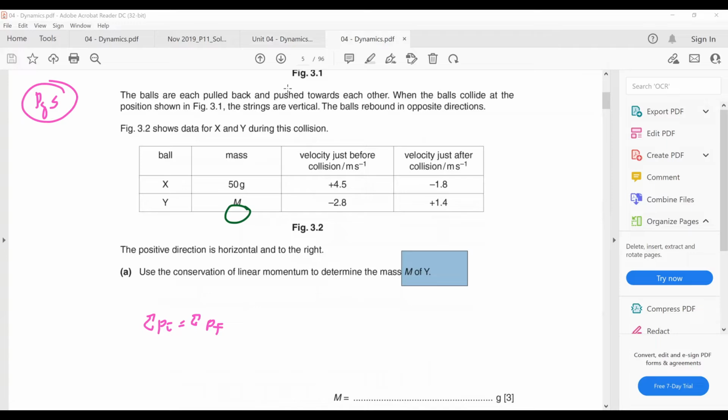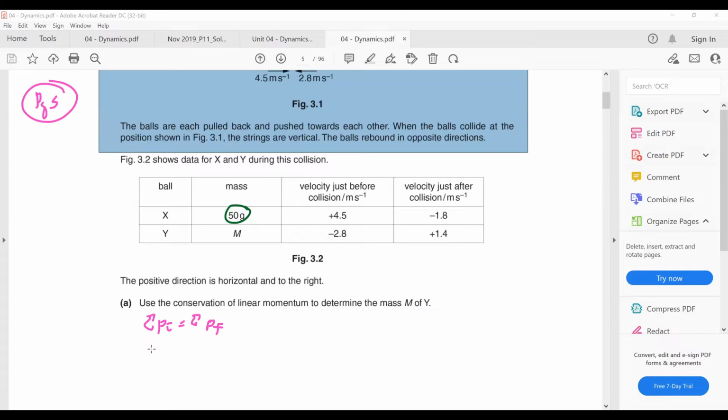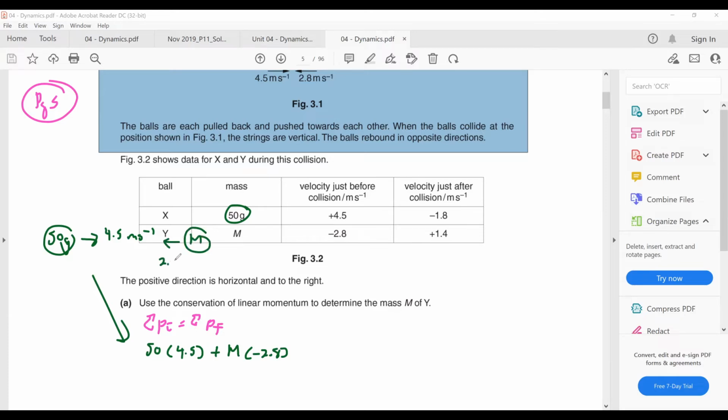Let me just show you this one. 50 grams multiplied with the velocity 4.5, plus m times negative 2.8. Because this is the initial case, where it is 50 grams moving at 4.5 meters per second, and you have another mass m moving at negative 2.8 meters per second.